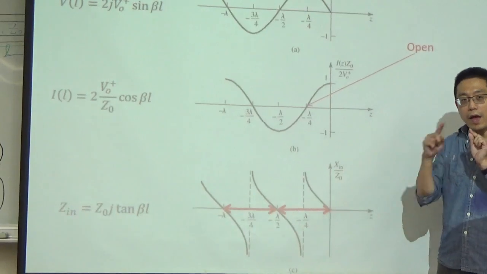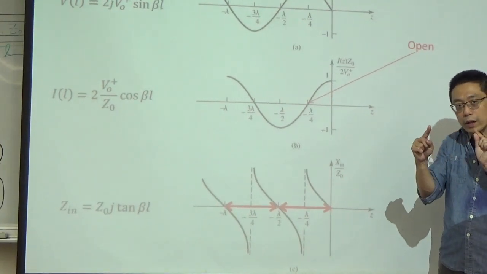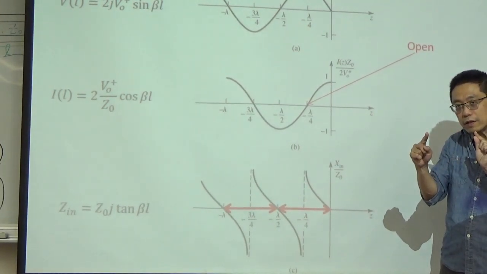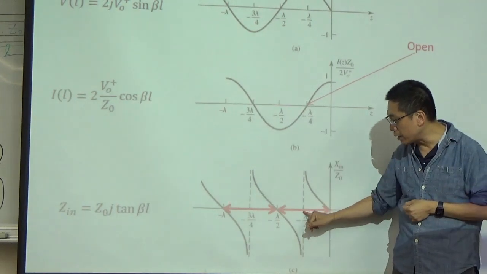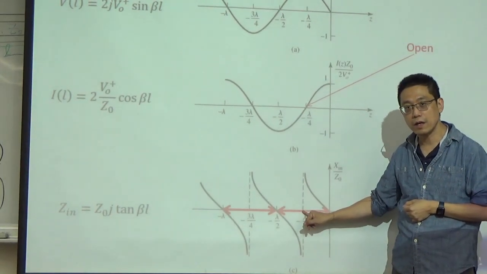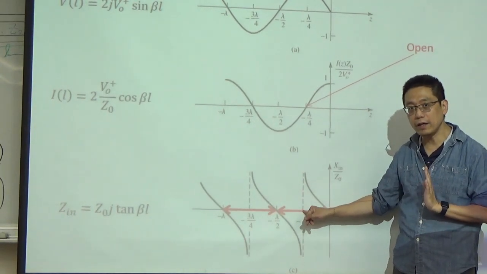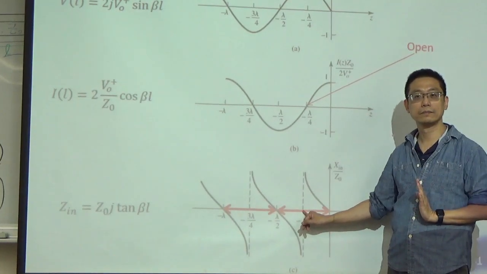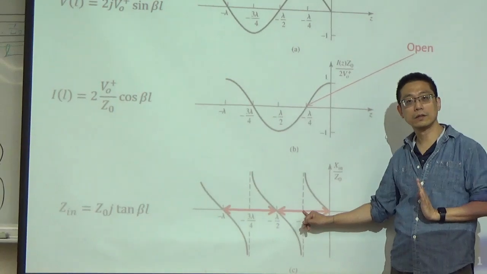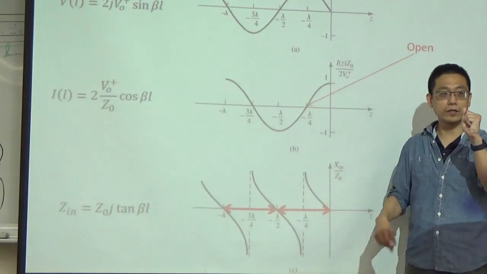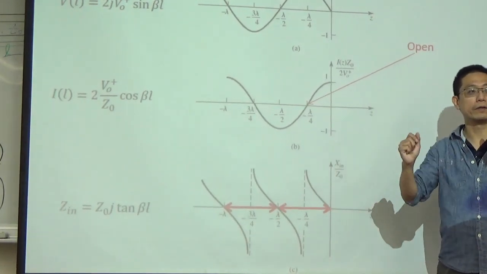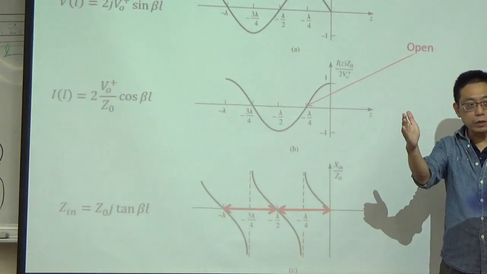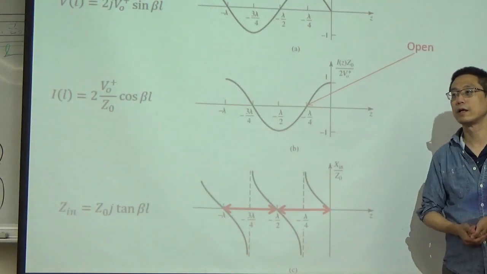But after a quarter wavelength, the input impedance is infinite. As I say, it is open now. You guys understand? Short becomes open if it is a quarter wavelength transmission line.